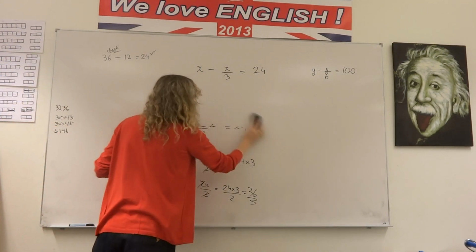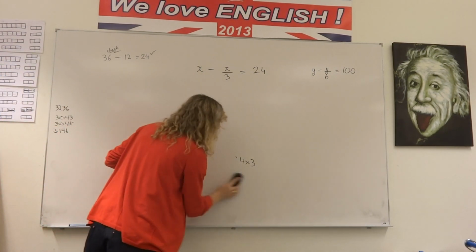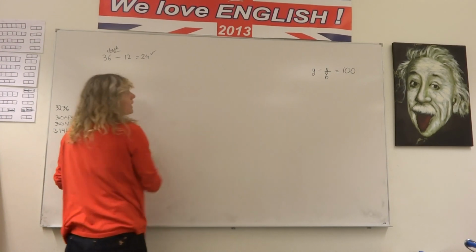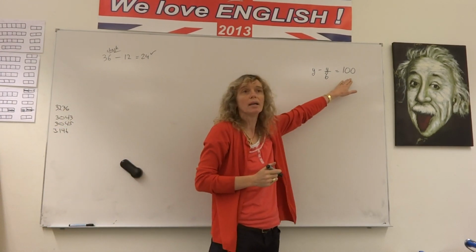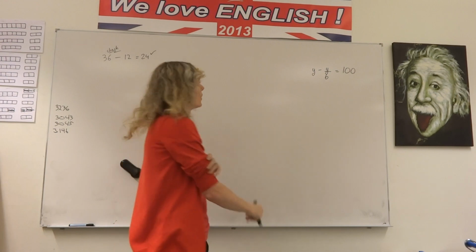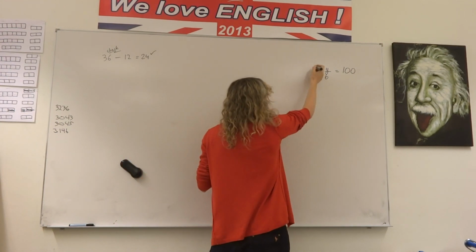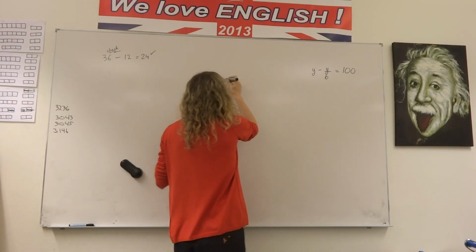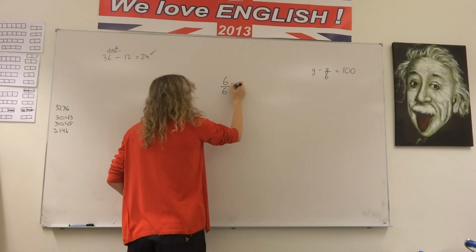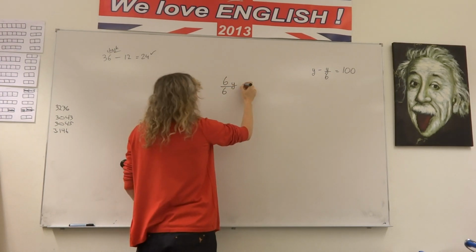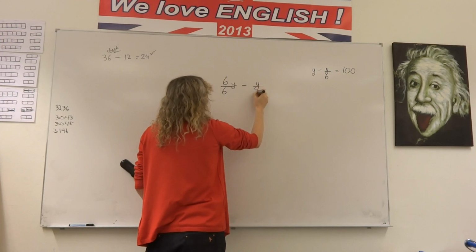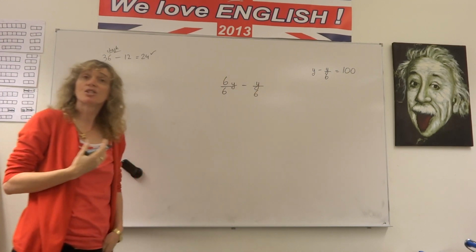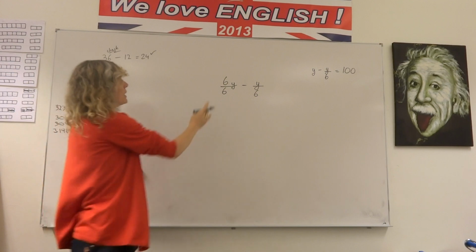Here we have a number, y, and when you take away a sixth of y, you get 100. Right, if we were to change the whole y as being 6/6 of y minus y over 6, we can think of that as just two fractions now.